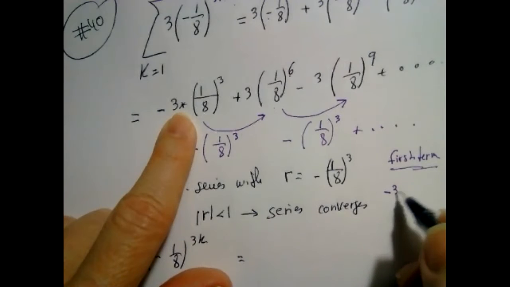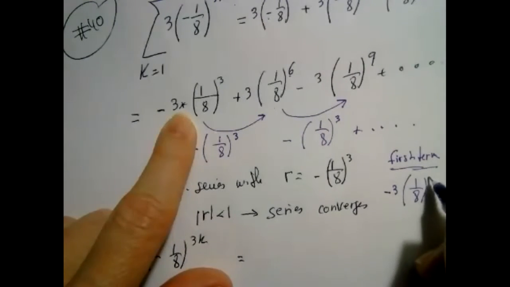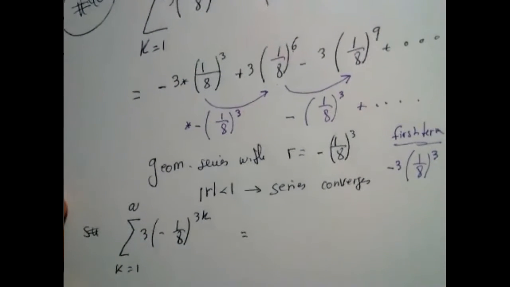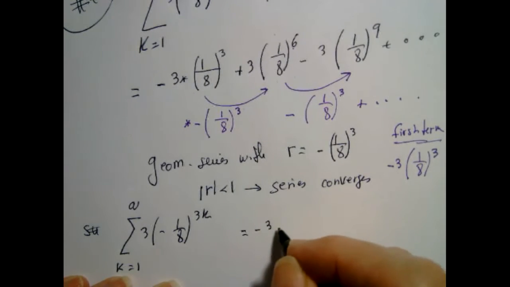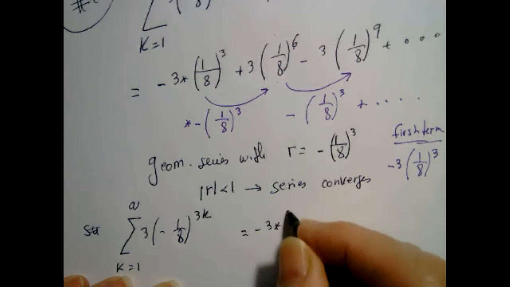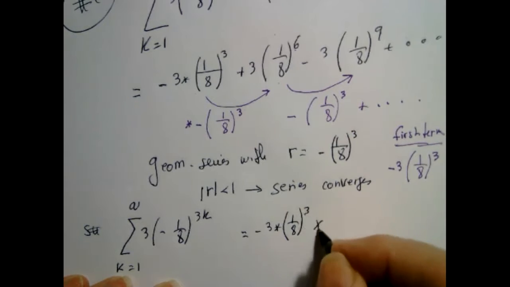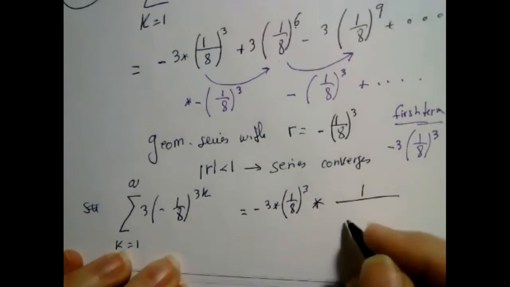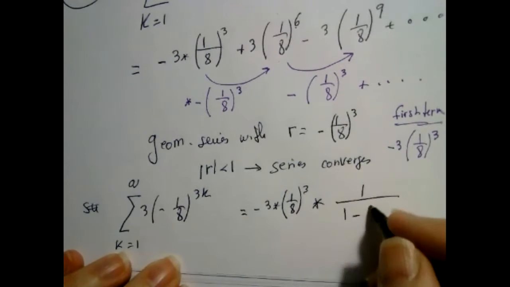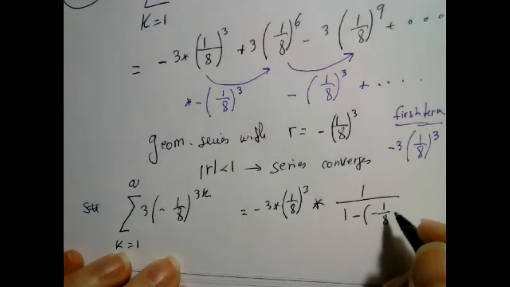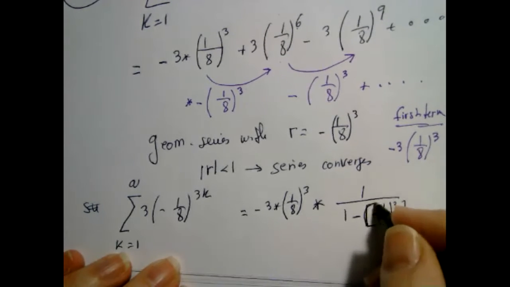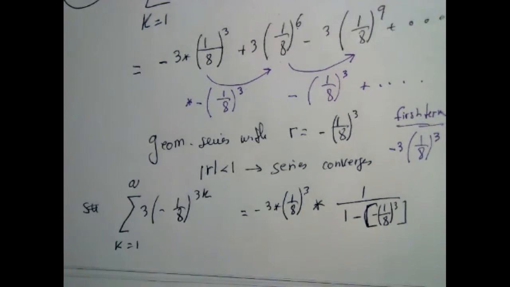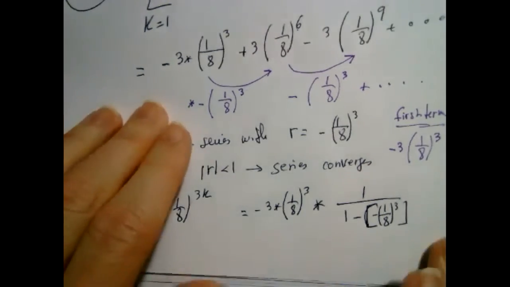So it's minus 3 times 1 over 8 to the power 3. That's really what we mean by the first term. So it's going to be equal to minus 3 times 1 over 8 to the power 3 times 1 over 1 minus the ratio, which is minus 1 over 8 to the power 3. And now the rest is algebra. There is really nothing left in this problem.